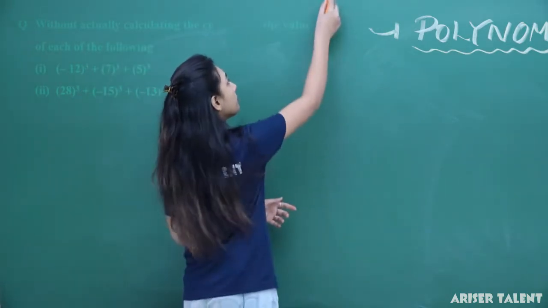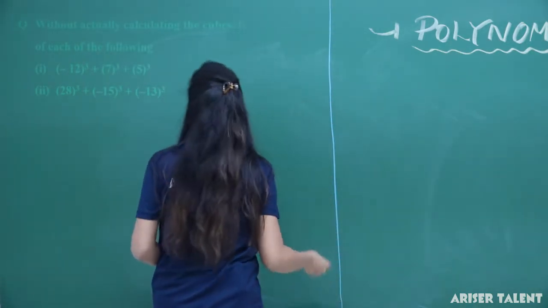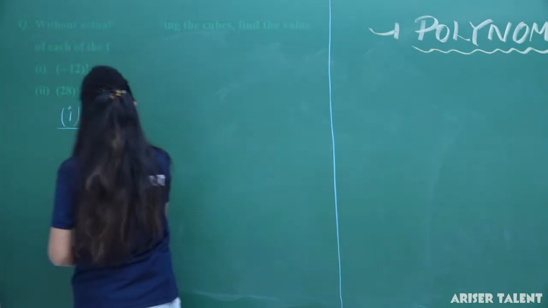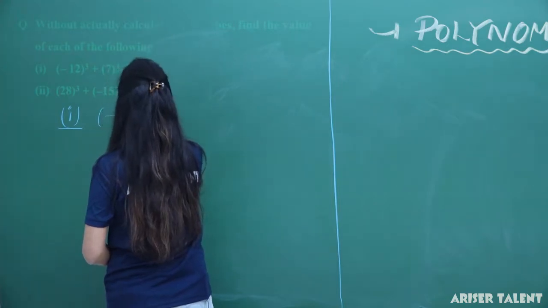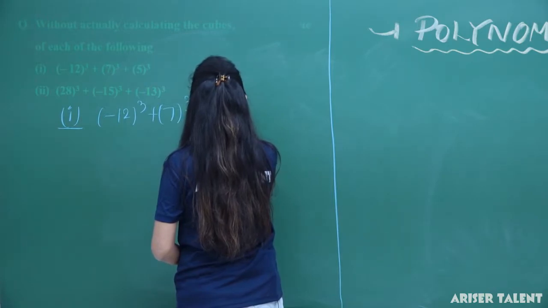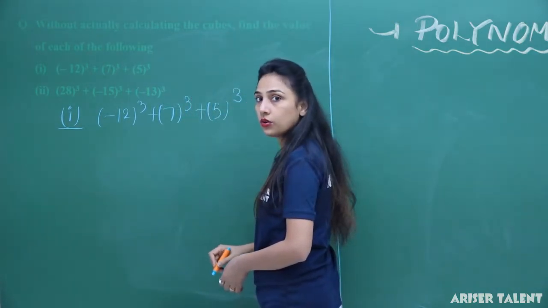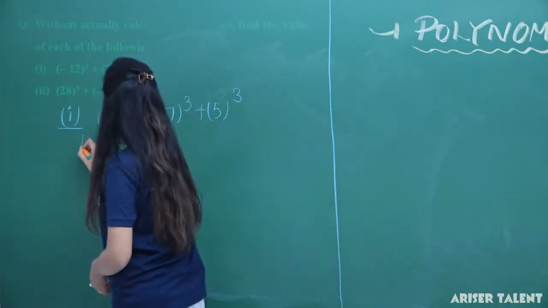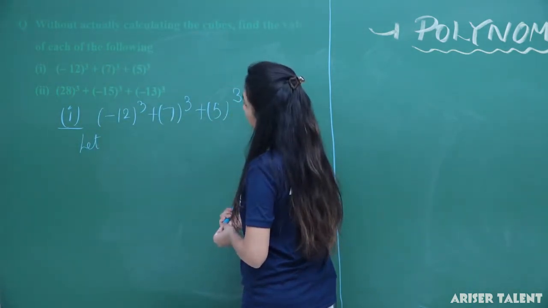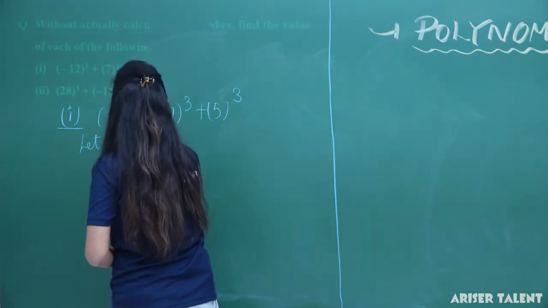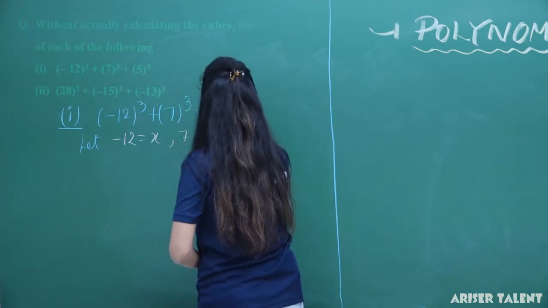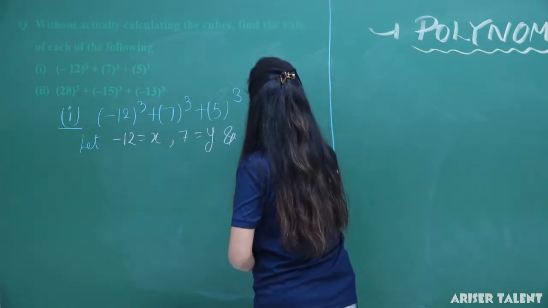Okay, students, this very first one, which is minus 12 cube plus 7 cube plus 5 cube. Let minus 12 equal x, 7 equal y and 5 equal z.